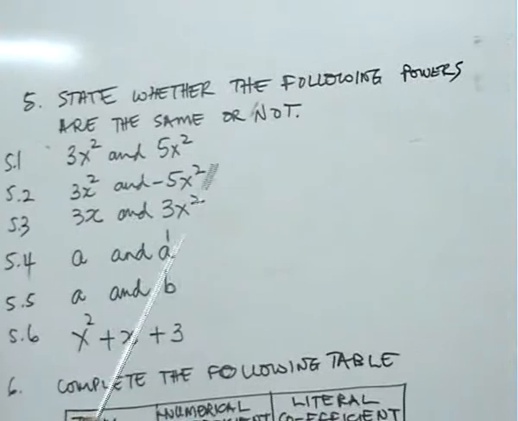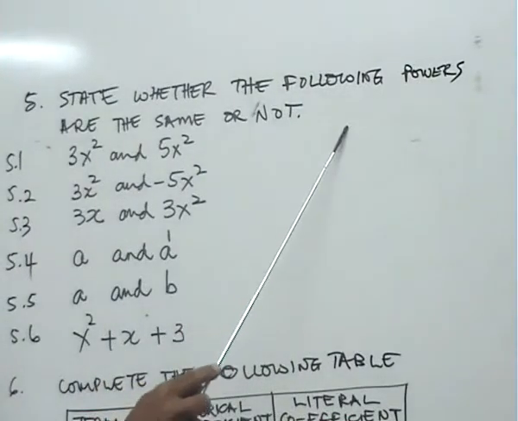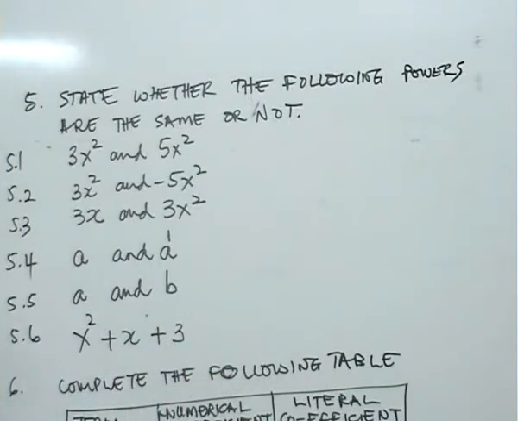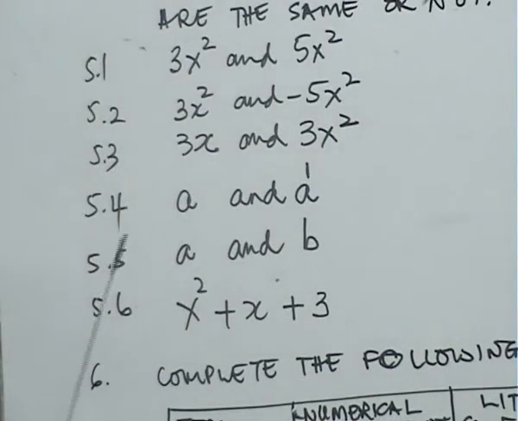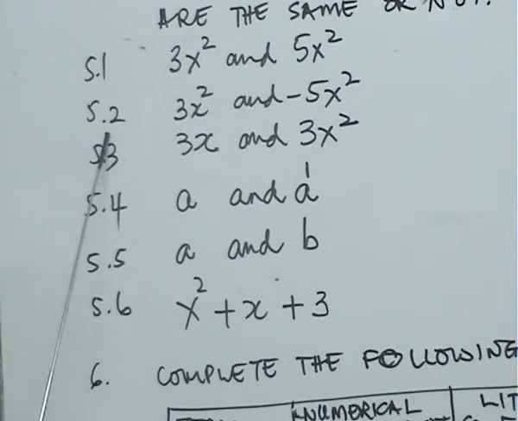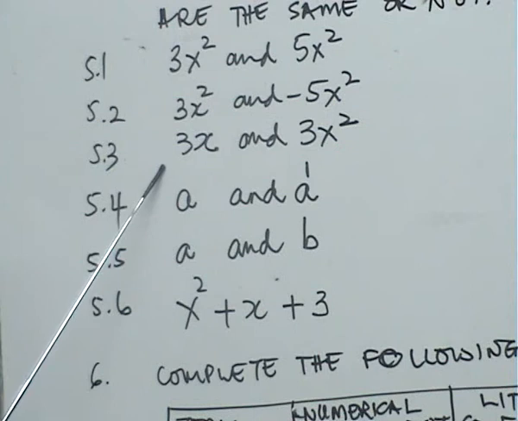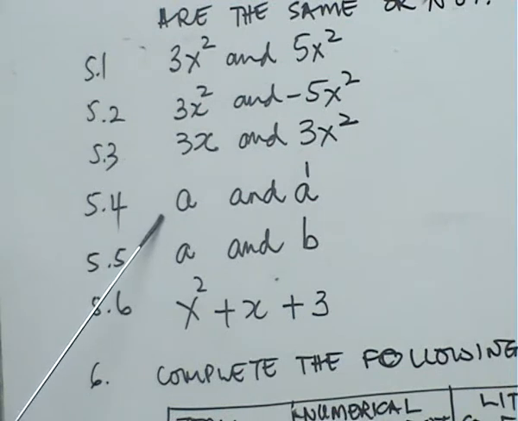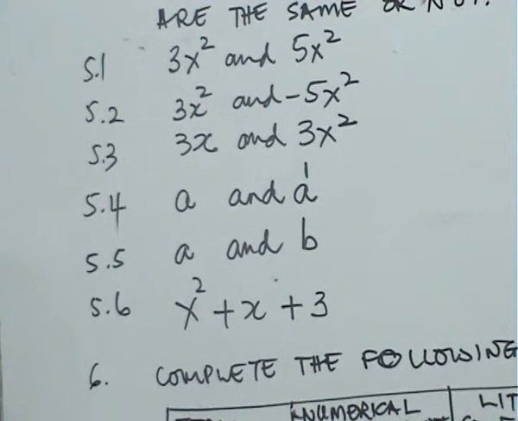In other words, after each example, just simply write here whether the powers are the same or the powers are not the same. 5.1, 3x squared and 5x squared. 5.2, 3x squared and minus 5x squared. 5.3, 3x and x squared. 5.4, a and a to the 1. 5.5, a and b. 5.6, x squared plus x plus 3.